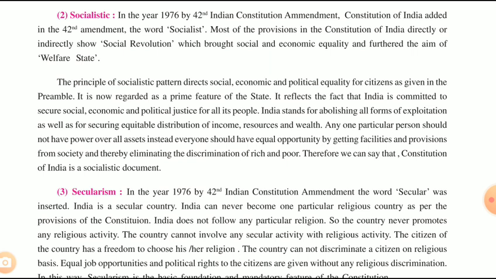The main concern of being socialist is that all individuals will be given equality and there won't be any exploitation or insult of any of the people, either male or female, or rich or poor. All will be considered equal, irrespective of being social, economic, or political in nature.